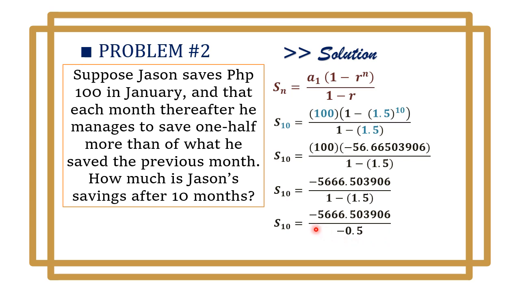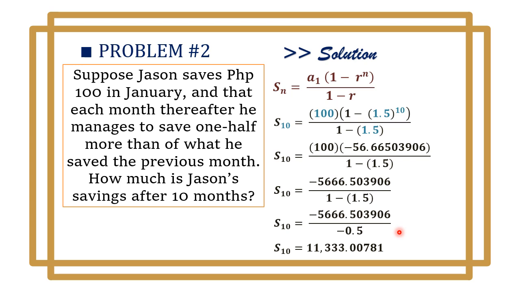Okay, so moving on, negative 5,666.503906 divided by negative 0.5, I would have 11,333.00781.